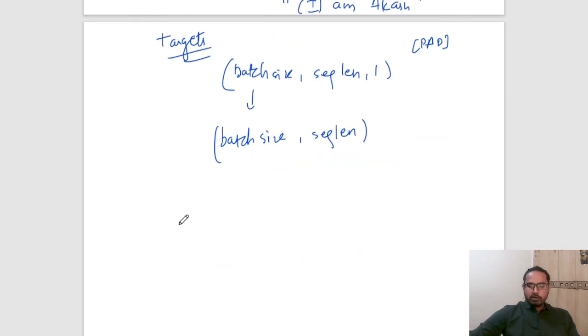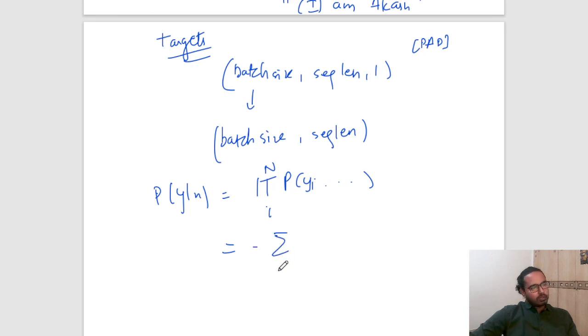Now, the cost function, if you remember, in a generative QA model is the negative log likelihood. From p of y given x, it is the product over i to n of the probability of yi given whatever intermediate values it depends on, and we take the negative log likelihood, which turns this into a summation over i to n of log of p of yi given all those values.